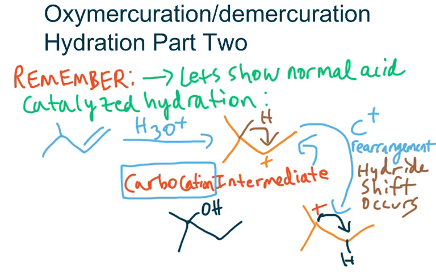But when we go over the mechanism for oxymercuration, even if you have this similar compound here in which there's a possibility of a hydride shift, with the reagents for oxymercuration and demercuration there is no hydride shift, because a hydride shift only happens if there's a carbocation intermediate. And there's no carbocation intermediate in oxymercuration.